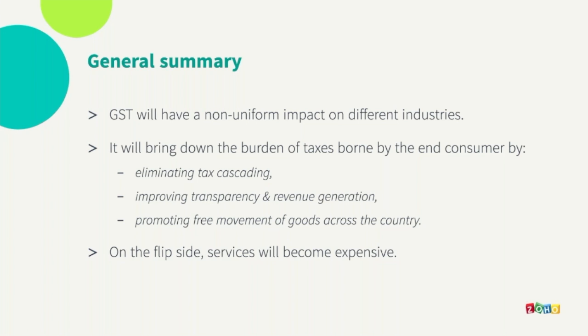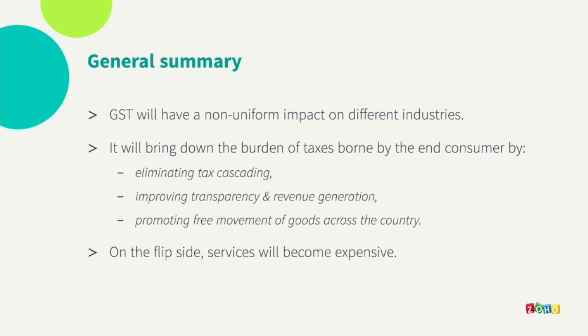So it's going to eliminate tax cascading because it acts upon the principle of value addition. Whatever GST is levied upon the item that you sell is only going to be upon the value that you as a seller have added to that item. So it will eliminate tax cascading.